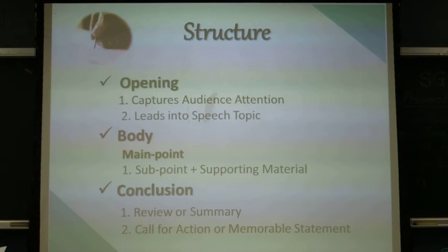In the body, we expand our stories and ideas with different main points, subpoints, and other supporting materials. And in the conclusion part, we'll have a review or summary. Or maybe we can call for action from the audience. So this is the part during writing a script.